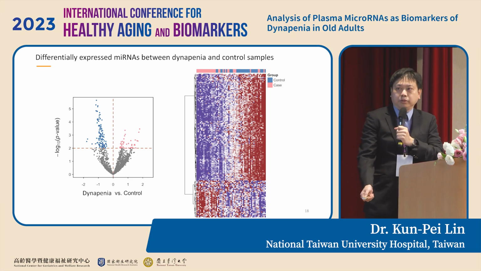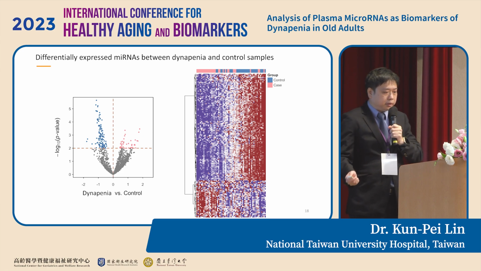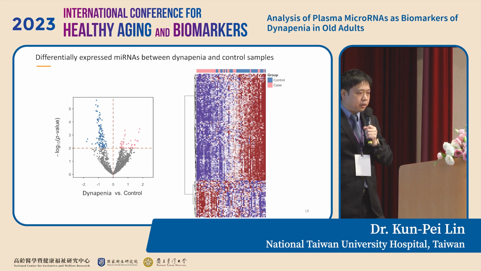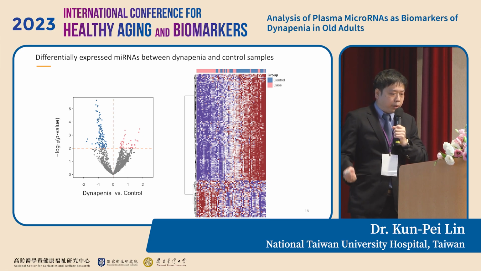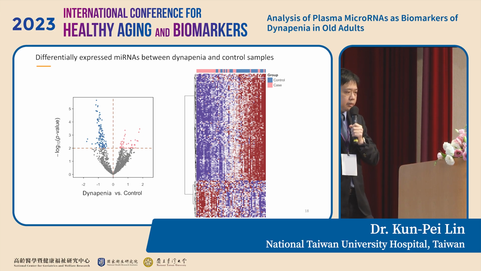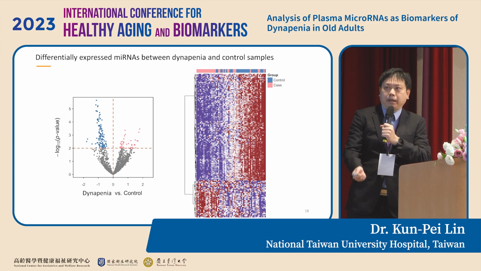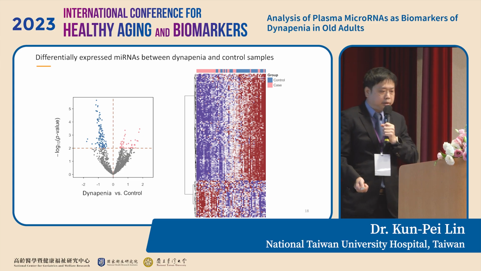The further to the left or the further to the right, the greater the difference. The y-axis represents the statistical significance. Typically, the higher up in the upper zone, the more significance in the study.